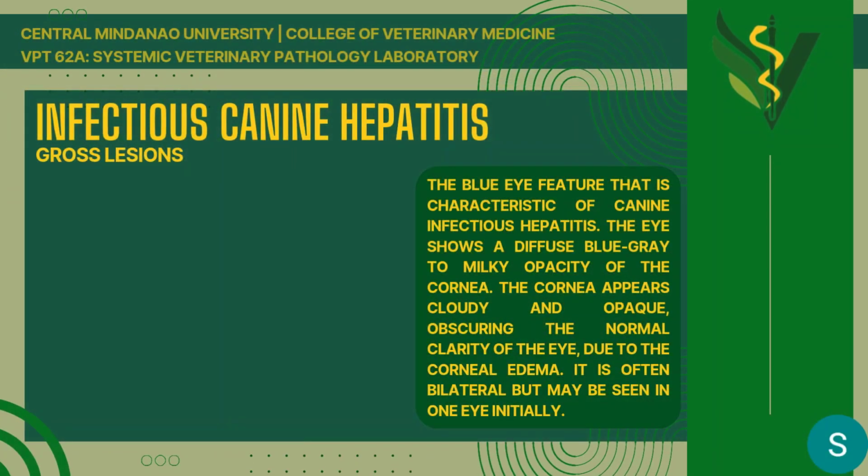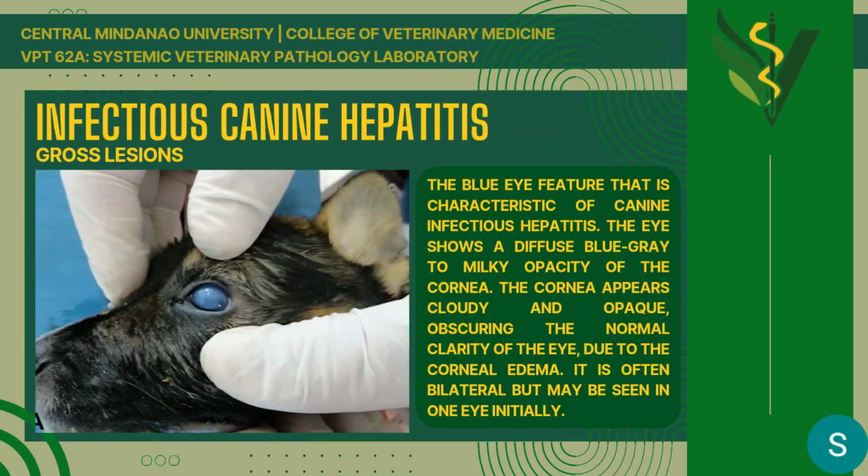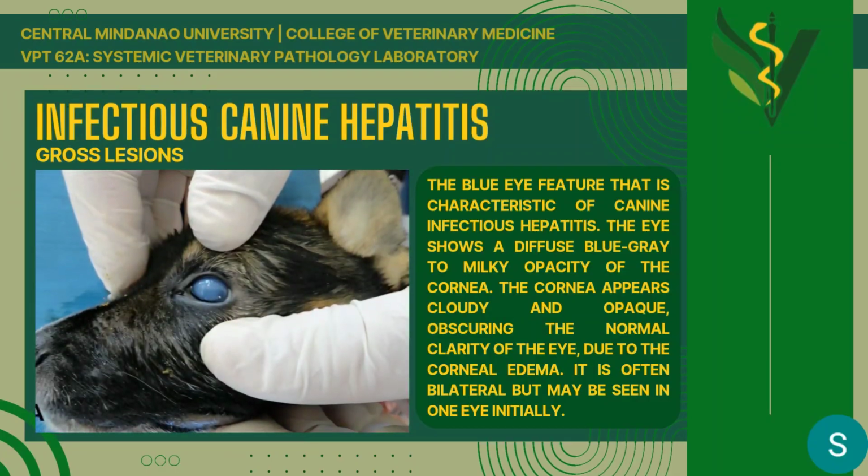Next, we have the blue eye feature that is characteristic of your canine infectious hepatitis. We can see that the cornea appears cloudy and opaque, obscuring the normal clarity of the eye. So it happens during your recovery, not during the acute illness. It is because the dog mounts an immune response where the antibody binds to viral antigens in your bloodstream.